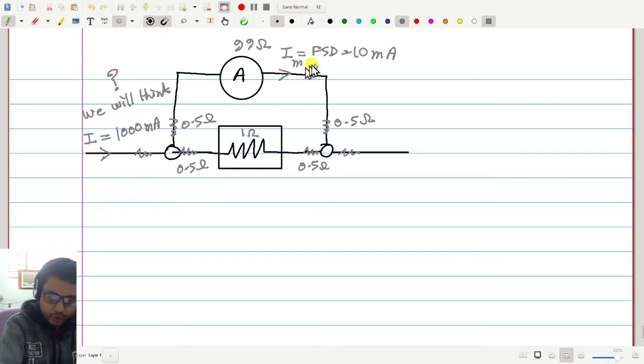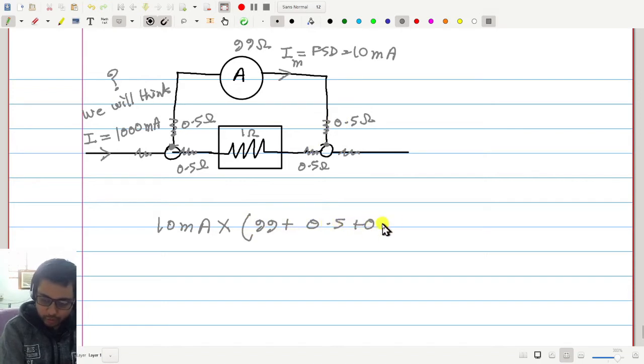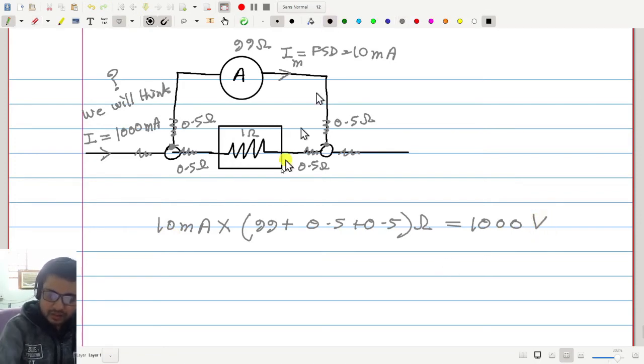Let us check. So 10 milliampere is flowing here. That means the voltage drop from here to here is 10 milliampere multiplied with this resistance, 99 plus 0.5 plus 0.5 ohm, that is equal to 100, so 1000 millivolt.